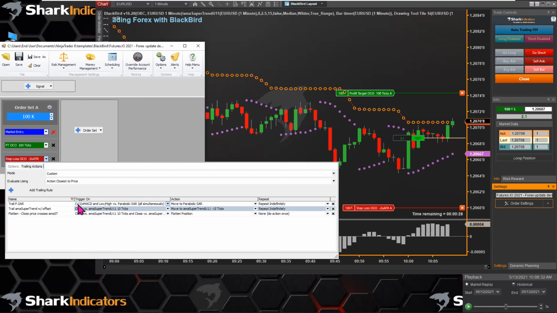With these trailing rules, the one in the middle here is the one that's going to trail the super trend. This trigger has a rule that verifies that the super trend is on the correct side of the market before the stop loss can start following the super trend indicator. So basically we're offloading all that work to the software. The software can monitor to make sure that the super trend's on the correct side of the market.